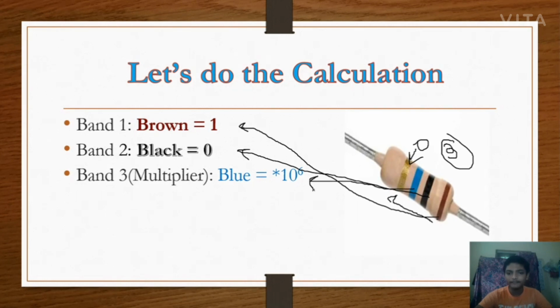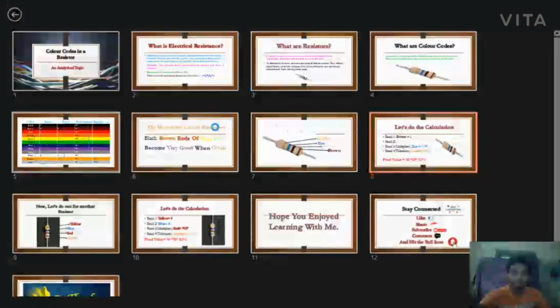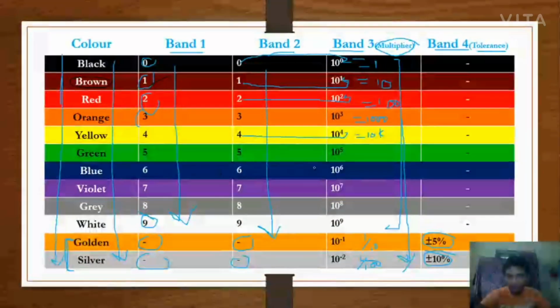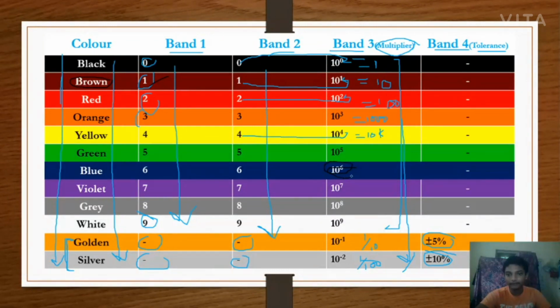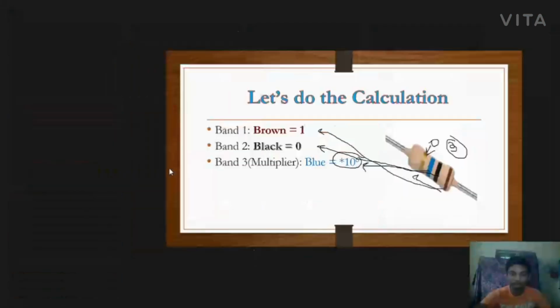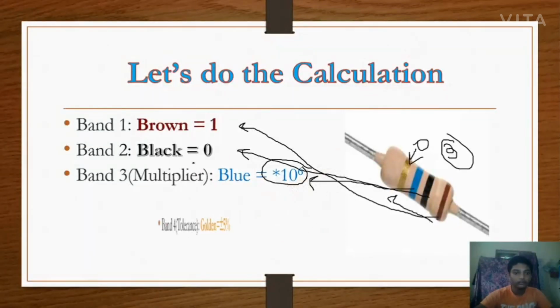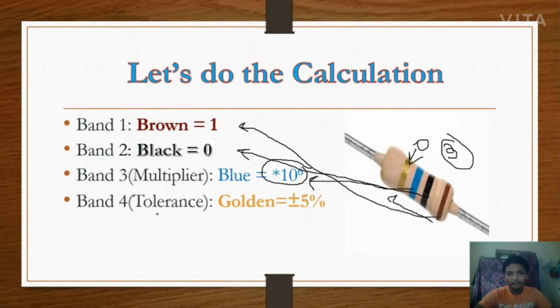It is 10 to the power 6. The multiplier of blue is 10 to the power 6. Now let's go to the table and check it out. Blue 10 to the power 6 multiplier. Now the band 4 value, that is the tolerance of gold, is plus minus 5%.